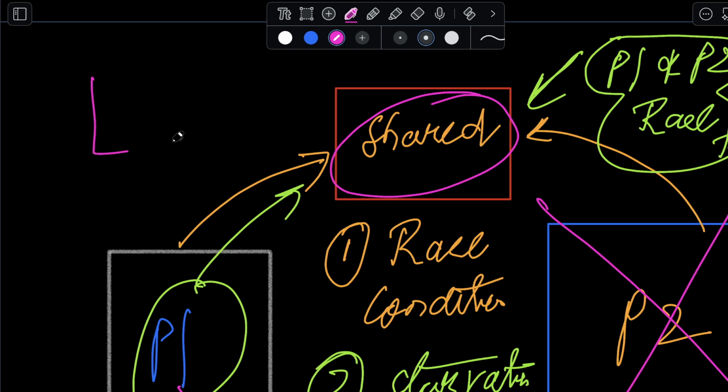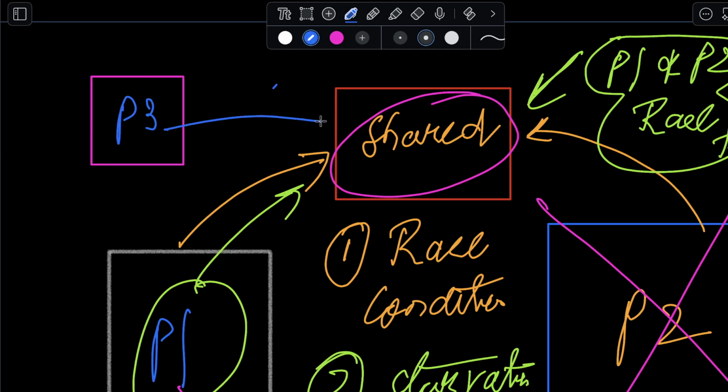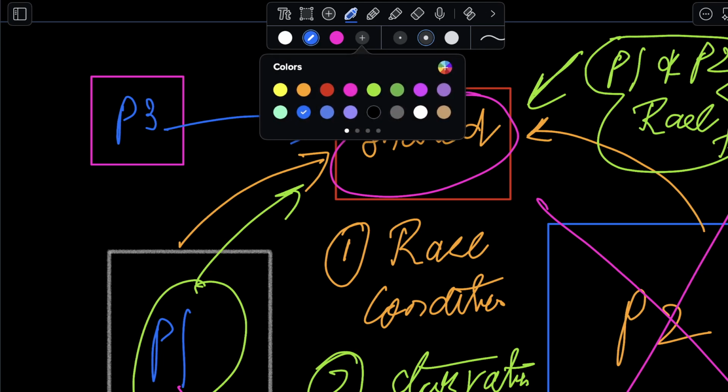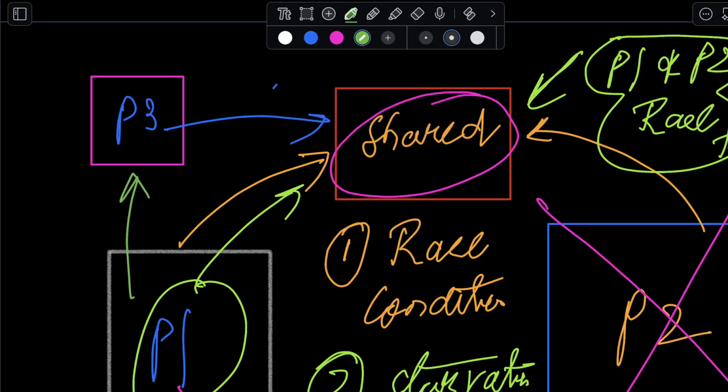For example, if there is another process P3 that wants to access the shared resource, P1 will fight with P3, not with P2. That is basically what is called progress, right? So this is nothing but the race condition, or the critical section problem that we encounter.